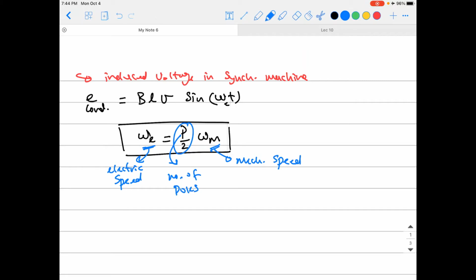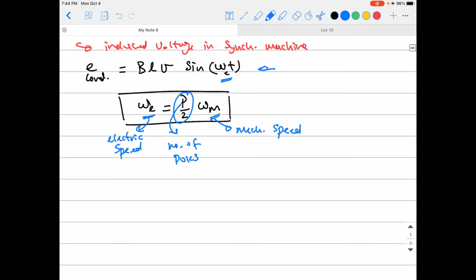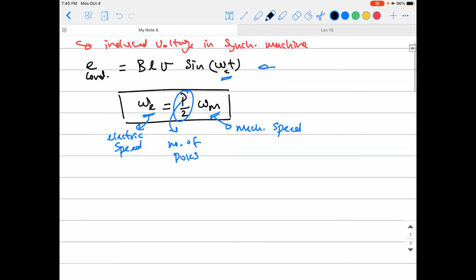That's why in the last lecture I said sine omega mt, because if you just use 2 poles, omega E will equal omega m, because P will be equal to 2, so 2 over 2 will be 1. So that means omega E equals omega m. So the general form for the induced voltage here is in terms of omega E, not omega m, okay? But if you just have 2 poles, you can use omega m, because they will be equal, okay guys? So the conductor induced voltage is BLV sine omega ET, like we just said now, okay?